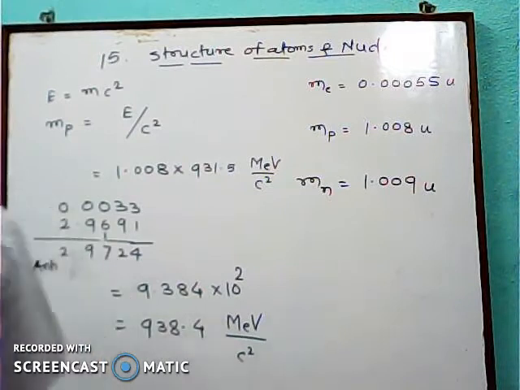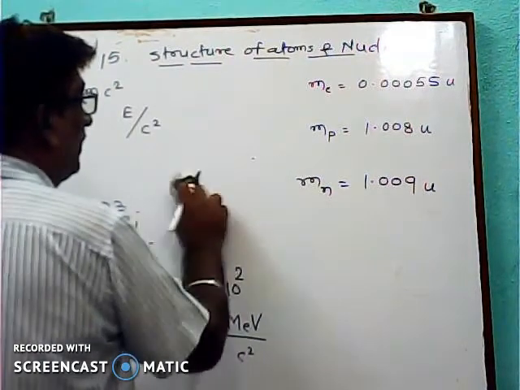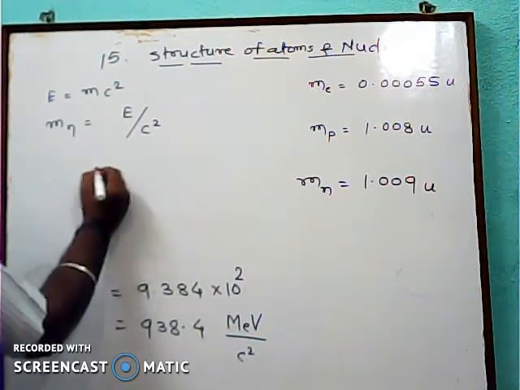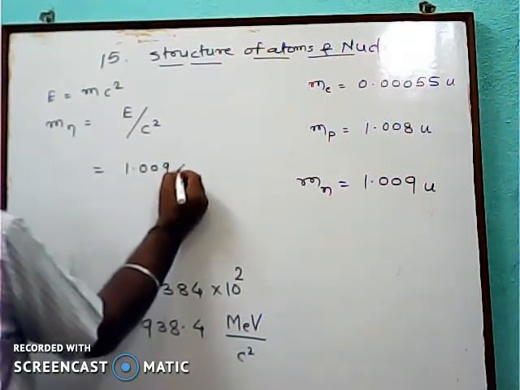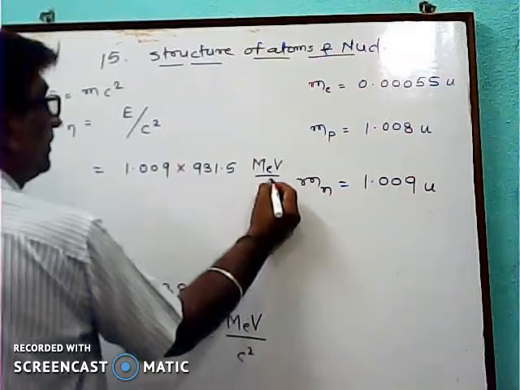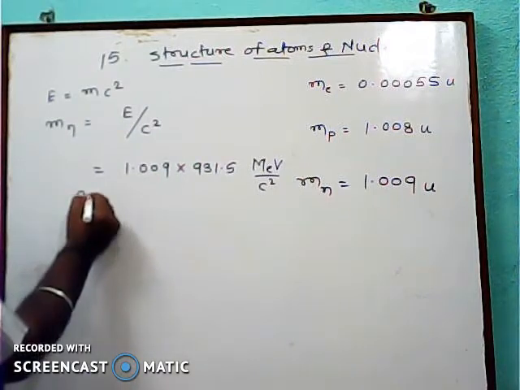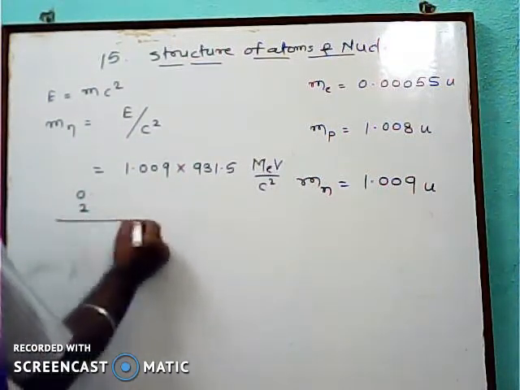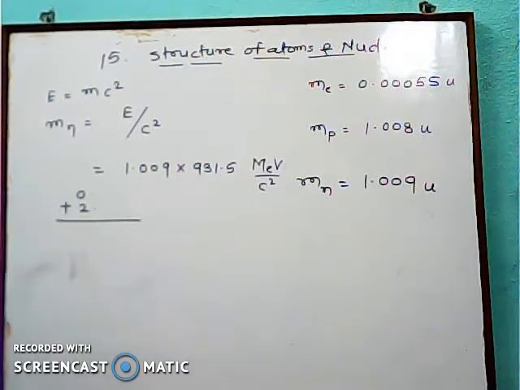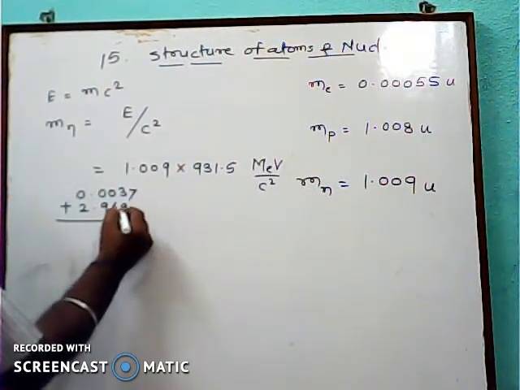So if we calculate for neutron, what happens? One atomic unit for neutron will be 1.009 into 931.5 mega electron volt per c square. Using logarithm, the characteristic will be 0 point and 2 point, and by using multiplication, here its logarithm will be 0.037 and its logarithm will be 9691.